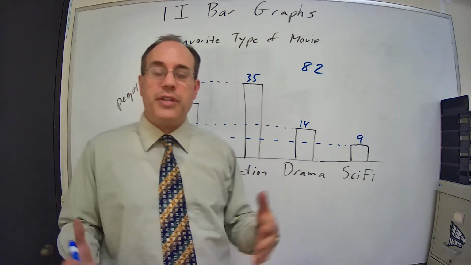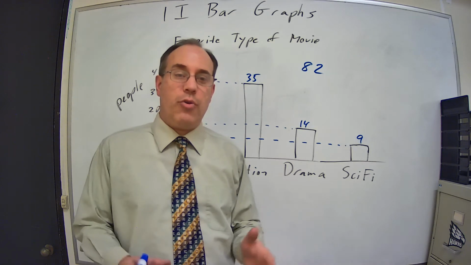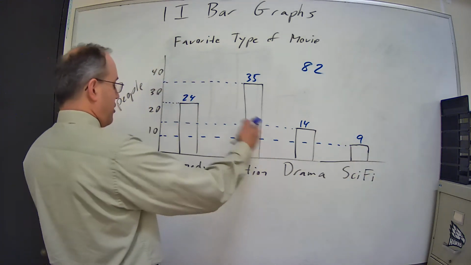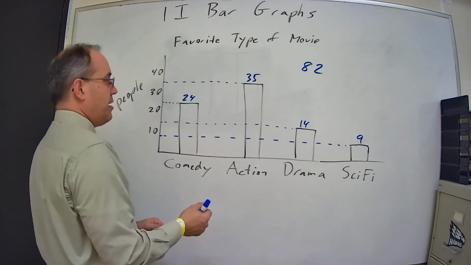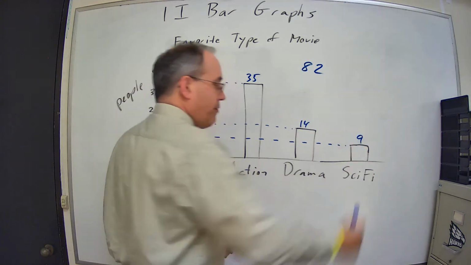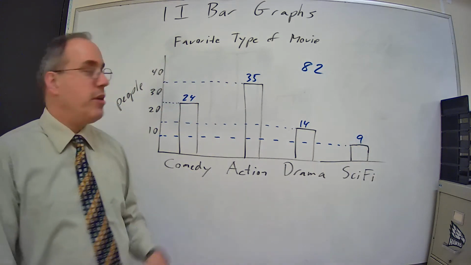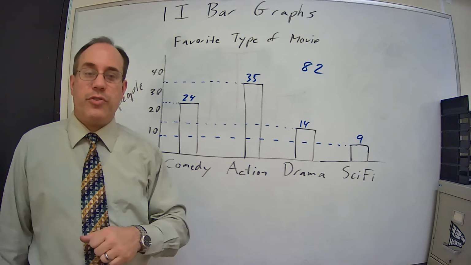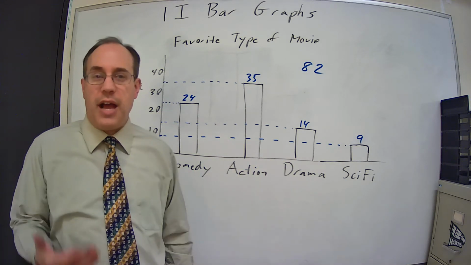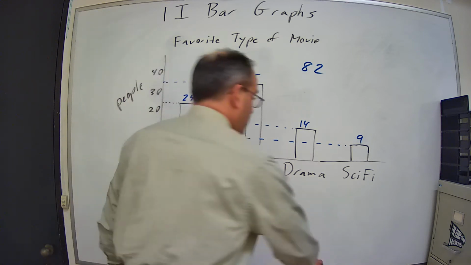And sometimes they'll take these bar graphs and they'll put them in order from largest to smallest. So in that case, action and comedy would have been swapped in location, and we'd see action, comedy, drama, sci-fi going in that order, so it's easier for them to interpret and see, hey, which were the top sellers for that period of time that they happen to be looking at.